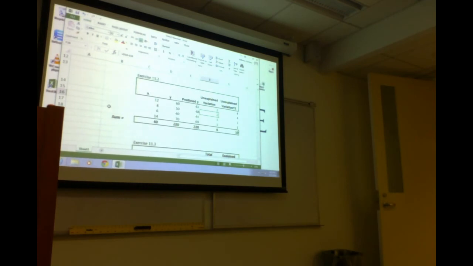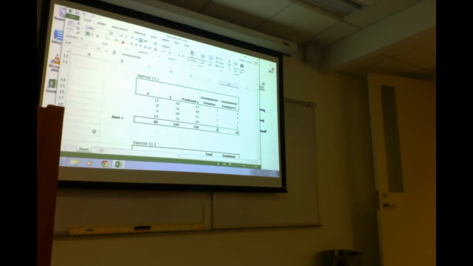So we take the square of all those. -2 squared is 4, 2 squared is 4, -1 squared is 1, 1 squared is 1. We add that all up, we get 10. We divide by n minus 2. There are 4 items in this sample, so 4 minus 2 is 2.